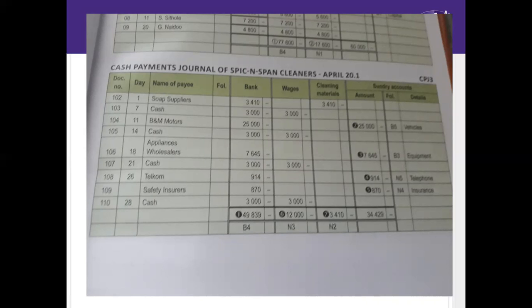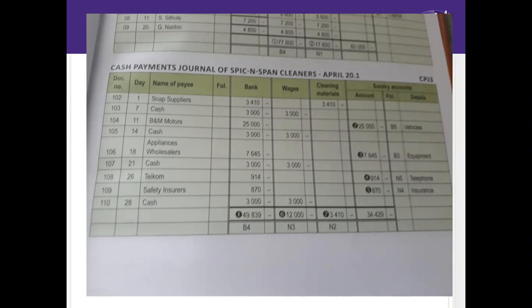Right, while we're having the CPJ in front of us, listen to a few important things that you need to know. So with document number, you're going to write the check number in there every time, and you can see it is in a specific order. Day is the day on which the transaction happened.